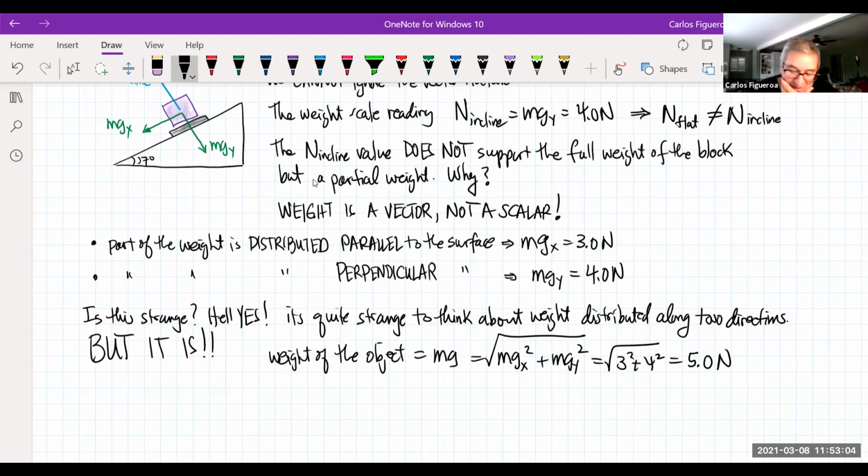Very, very unusual. But that's what it means to put an object on the incline. Its vector nature shows that weight is being distributed along the parallel and perpendicular components. Very, very odd indeed, but super cool nonetheless, right? You gotta admit that is really, really cool when you think about this.